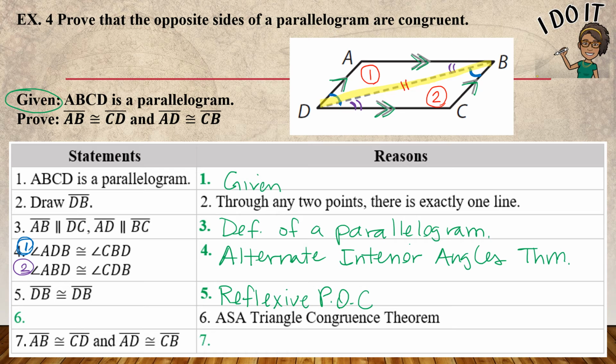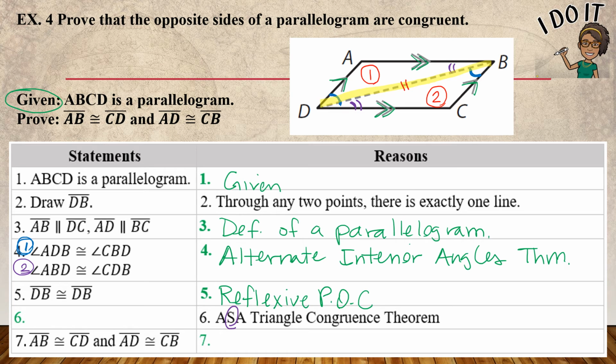So angle ADB is congruent to angle CBD, and angle ABD is congruent to angle CDB. So we see two corresponding congruent angles, and we also see two corresponding congruent sides, which gives us the reason of angle side angle, where the side is included in between the two given angles.